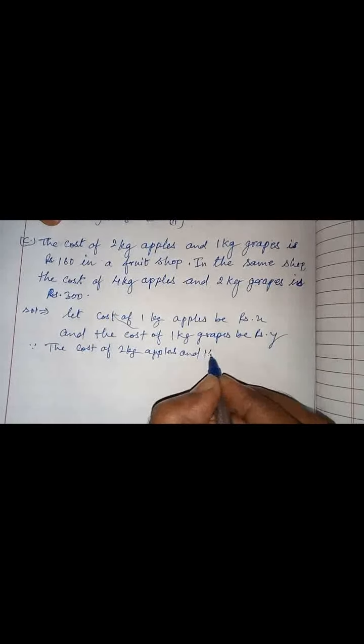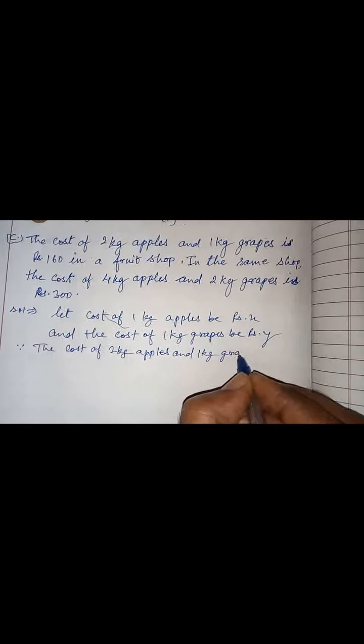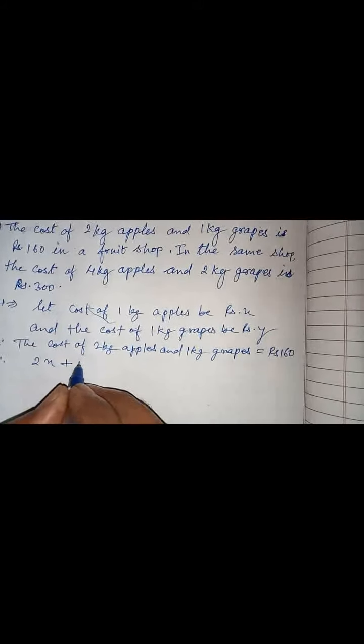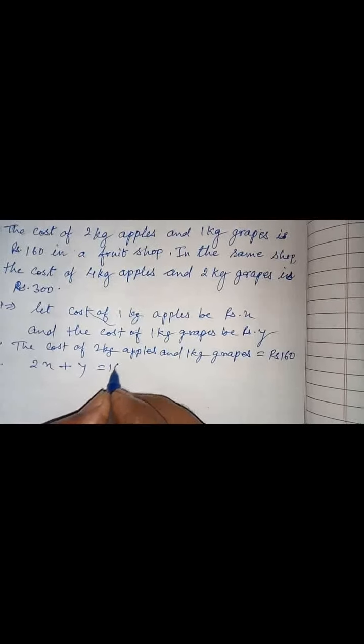According to the first statement, since the cost of 2 kg apples and 1 kg grapes is equal to 160, therefore equation will be 2x plus y is equal to 160.